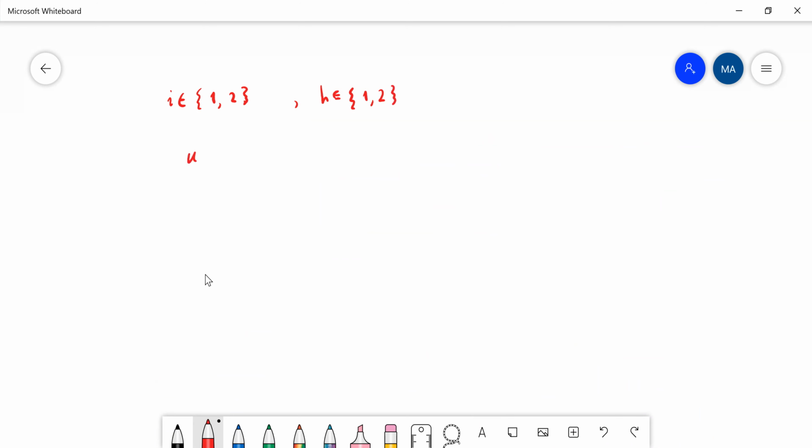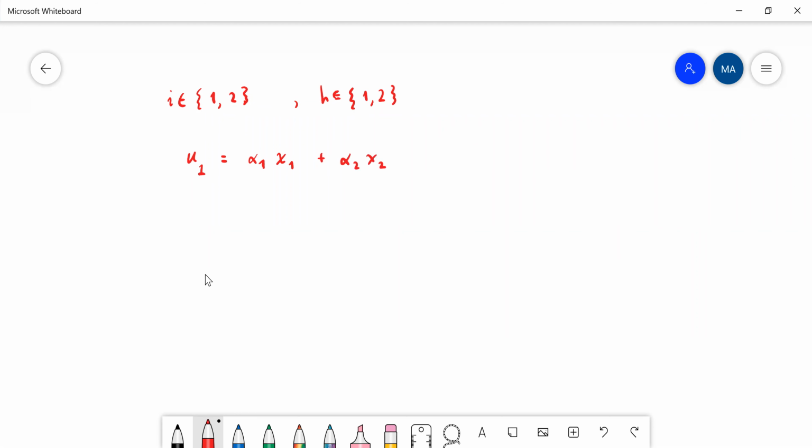Now, let's say utility functions are like this. U1 is alpha 1 x1 plus alpha 2 x2.